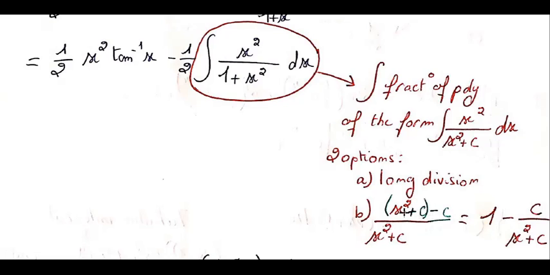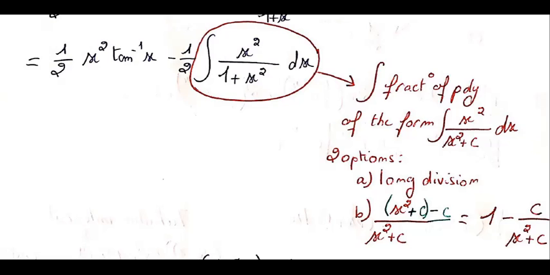Now, 1 here is x squared plus c over x squared plus c. This is why we have 1 here. And it's this second method that I am going to use. Now, if you want to see how we do a long division, you can check videos of improper fractions, integral of improper fractions that you have on the channel.